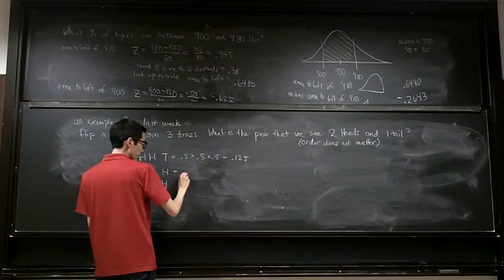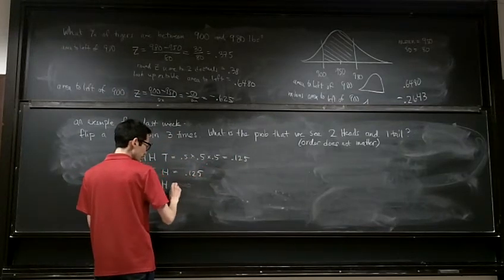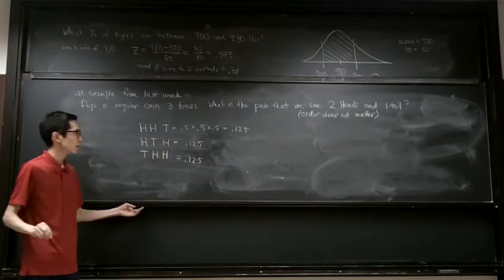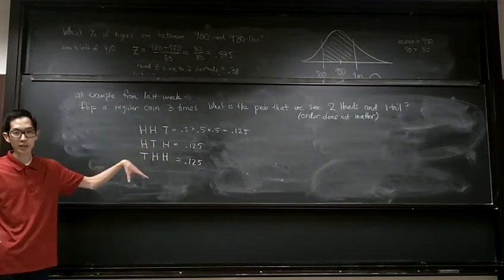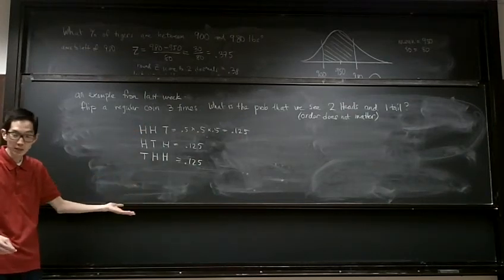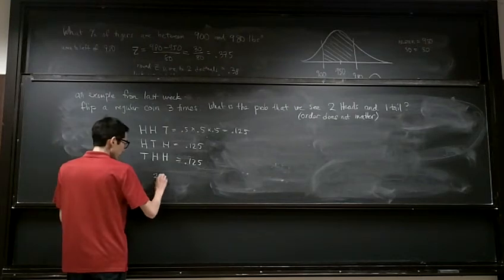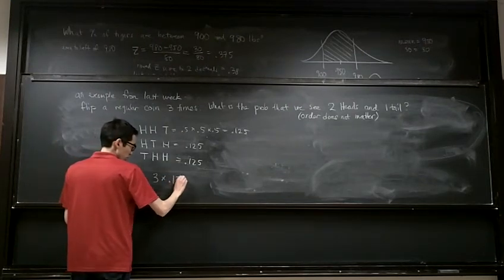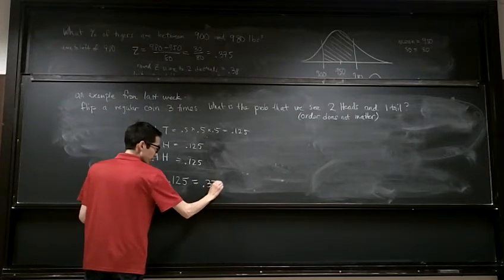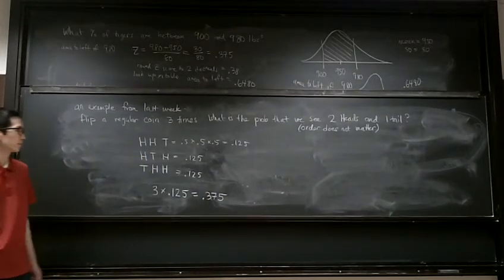And that goes the same for this one, and the same for this one. So the total probability was 0.125 times 3, and I got 0.375.